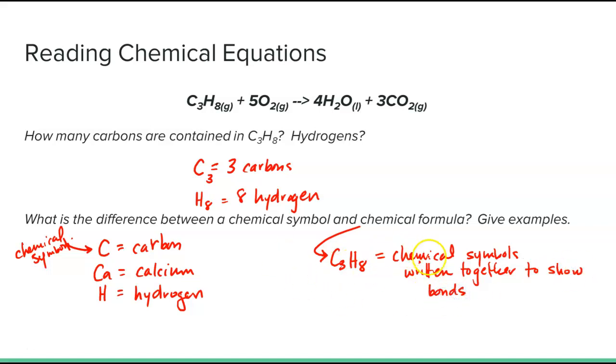So in this case, this is a chemical formula, C3H8. H2O is also a chemical formula because it tells me that I have 2 hydrogens bonded with an oxygen, the chemical formula, where a chemical symbol is just the individual element that you're using.